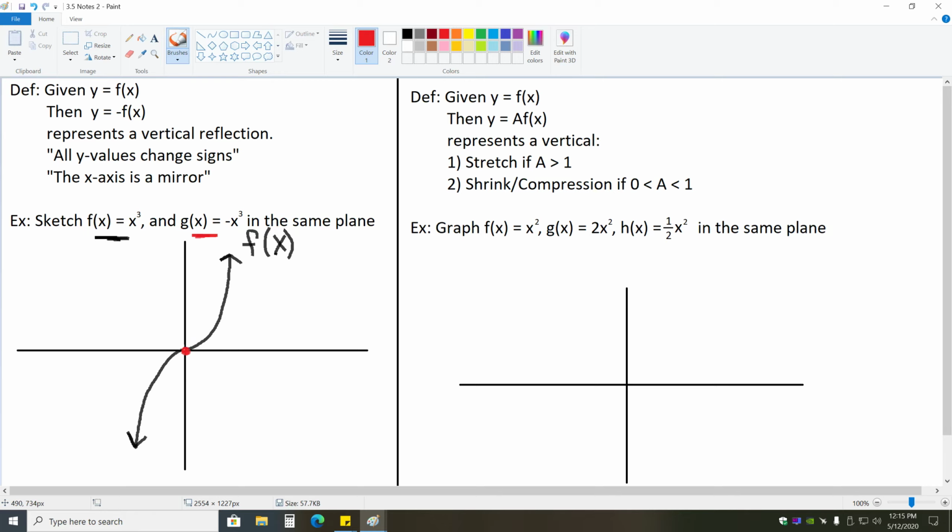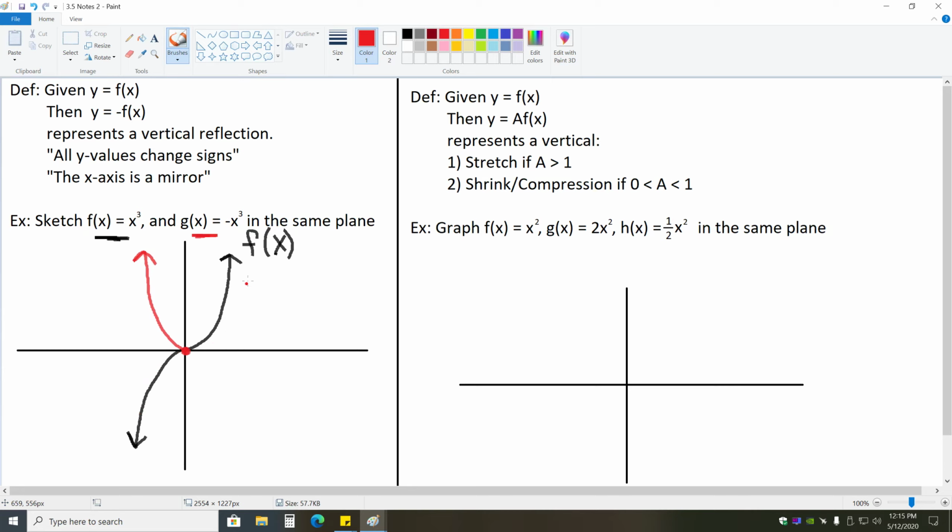Okay, from here, below the x-axis, so all these points on the left side of the y-axis here, this entire side is going to get flipped up because the x-axis is now a mirror. So this entire left side is now going to look like this.